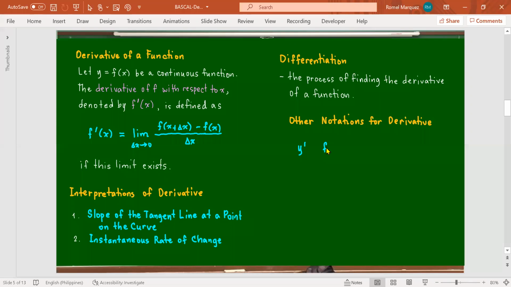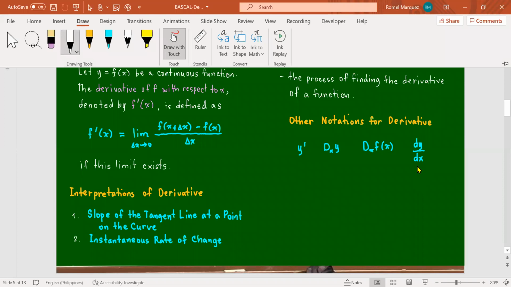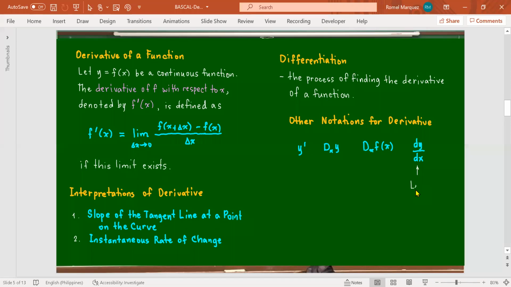F prime, as what we had there. F prime, no? Meron na tayo niyan. So, derivative, capital D, with respect to x ng y. Pwede ring derivative with respect to x nung function, let's say f of x. Okay, guys? Pwede ring derivative ng y with respect to x. So again, how do we read this, guys? Ito actually ang tawag dito, derivative of y with respect to x. Leibniz notation.